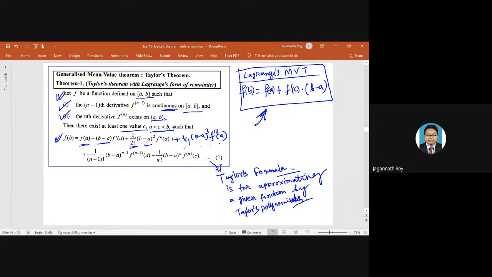So this will be satisfied, and of course up to n minus 1, then the nth order derivative we have written, because the nth order derivative will exist. We don't know about the rest. That is why we write up to nth order plus some remainder term. We call it equation number 1. This is known as Taylor's formula, which will be used to approximate a given function by a Taylor polynomial.